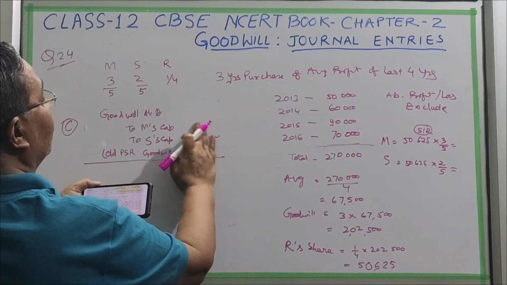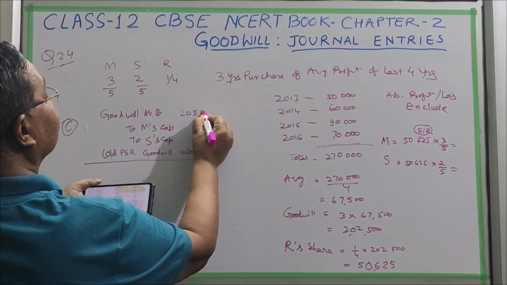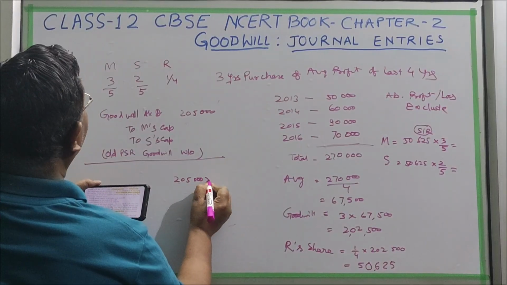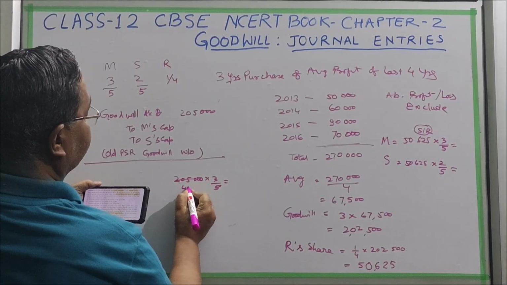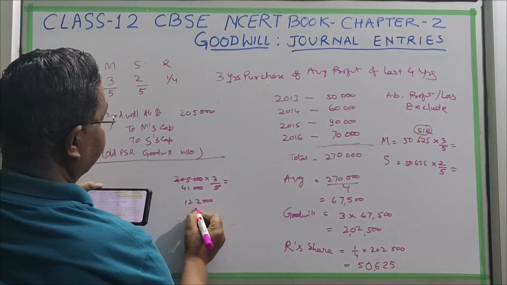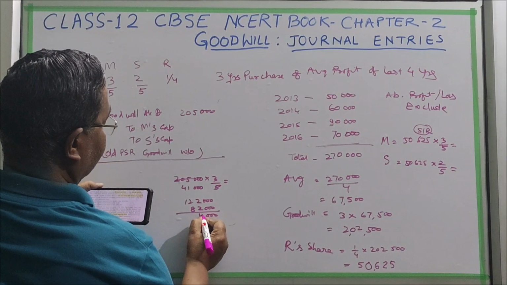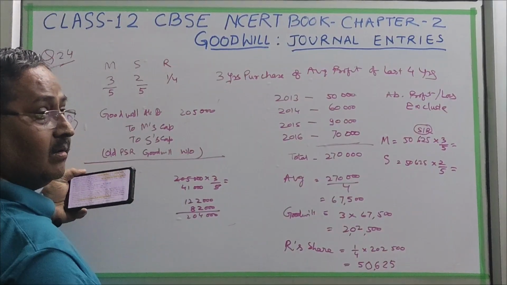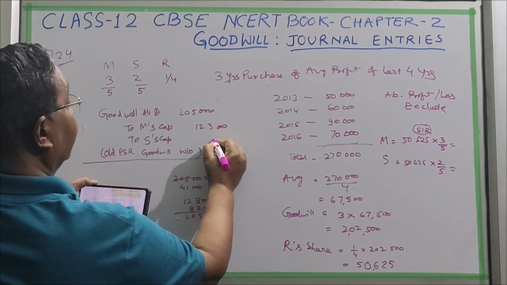Whatever the amount is there, you have to write it off. 2,05,000 is there, and you write off 2,05,000 into 3/5, which is 1,23,000, and 82,000.